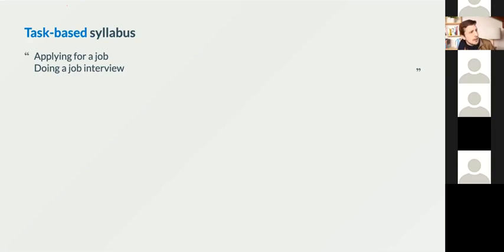Now, the difference between the task-based syllabus and the communicative syllabus is not so big. Both focus on communication, both focus on functions, but the task-based syllabus organizes the class not only in terms of the different functions you need to learn, but actually organizes concrete, precise tasks that structure the whole learning process, rather than having theoretical, abstract communication goals.